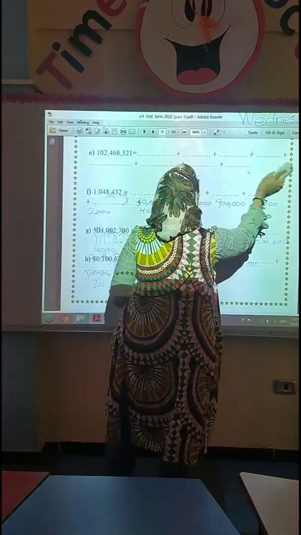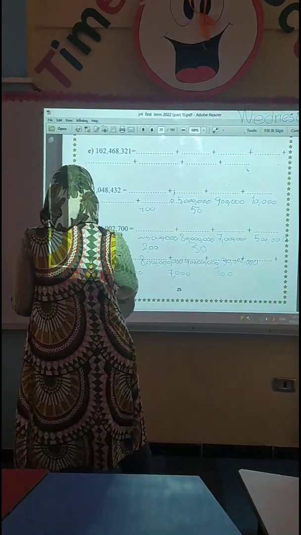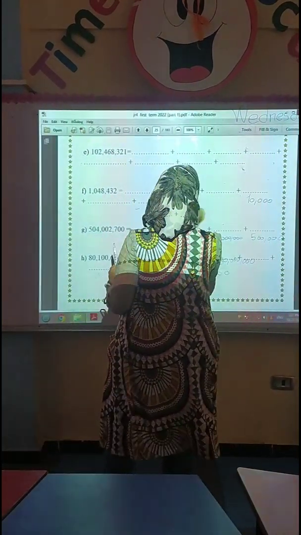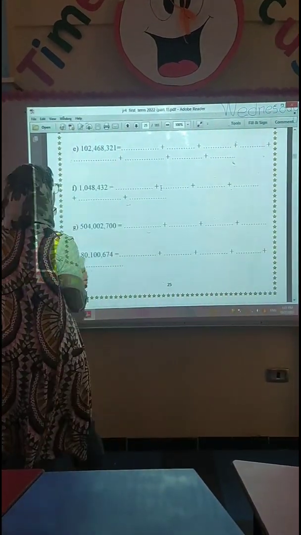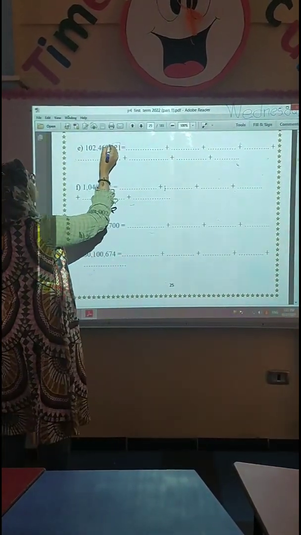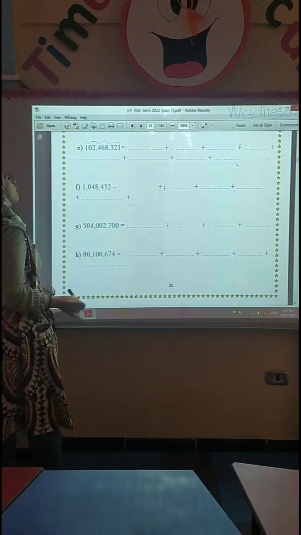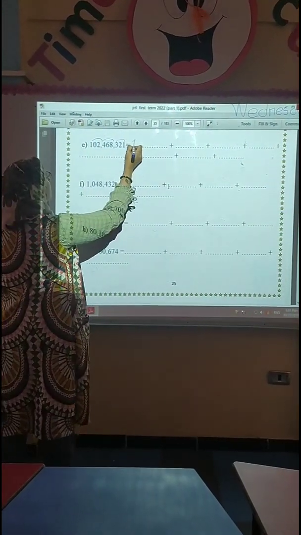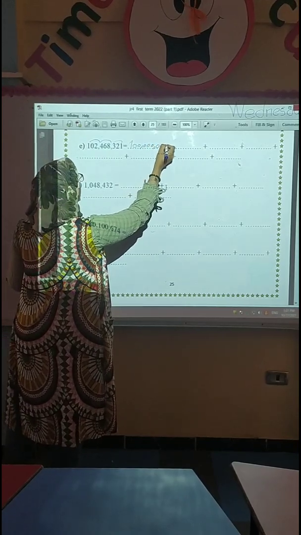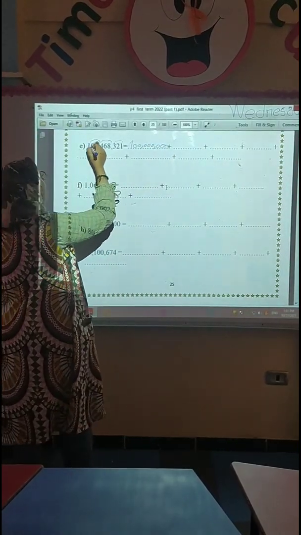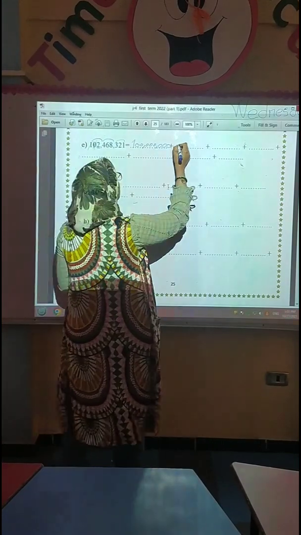What is the first step? Defining the values. Ones, thousands, millions. The first one, 100 million. Then 0 is nothing. Then 2 million.